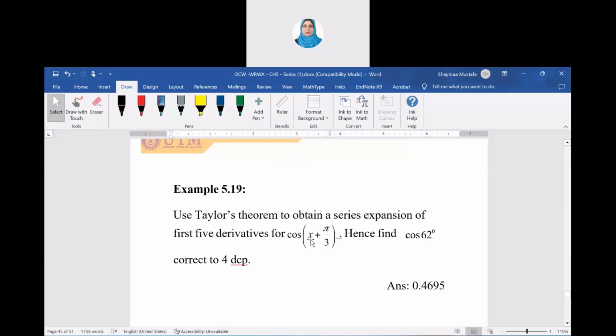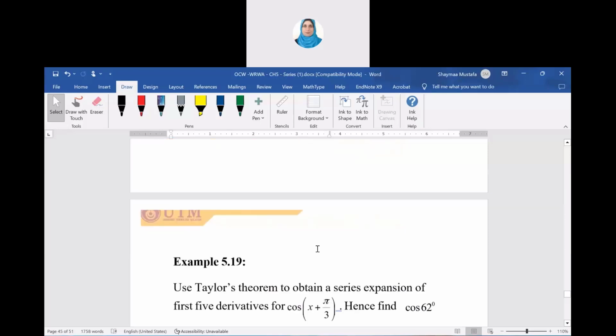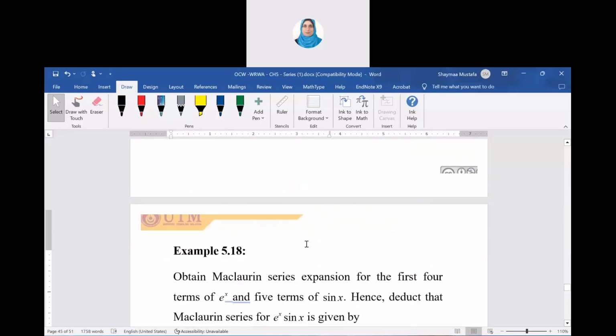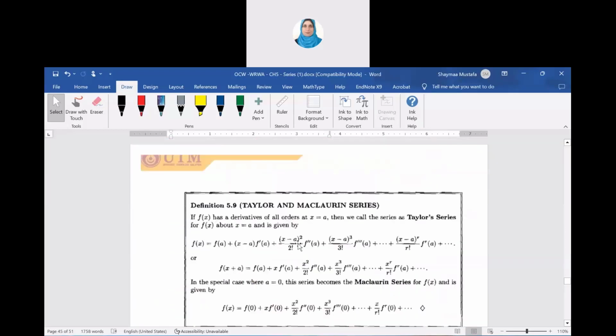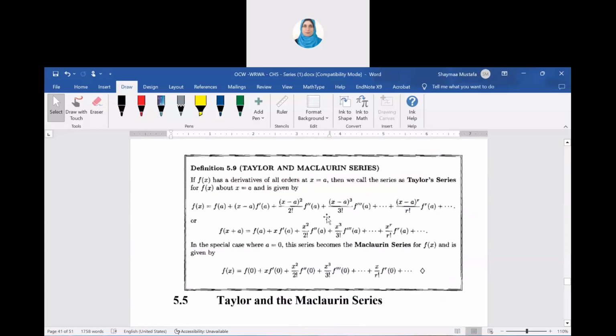Since you have x plus pi over 3, this is a Taylor series, not a Maclaurin series. So we need to use this formula, because this is the formula of x plus a.